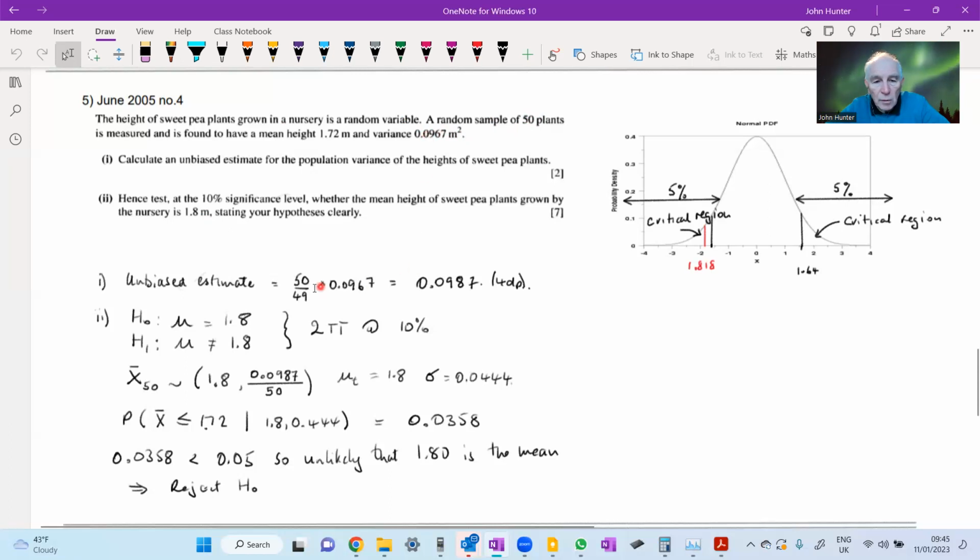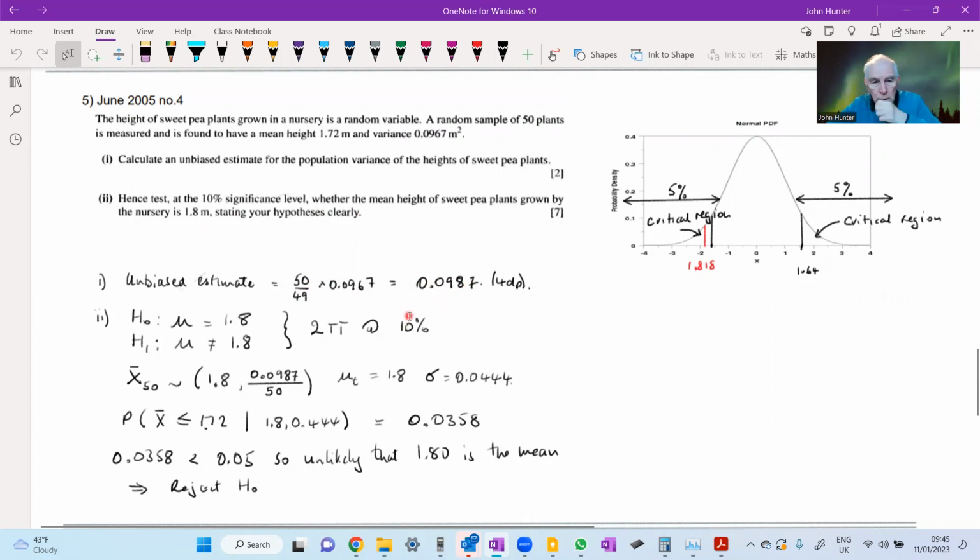So we need to correct. This is our n, and this is our n minus 1, if you can hark back to that. So we need to apply that correction to this biased estimate to give us an unbiased estimate. So this is our estimate of the variance of the population.